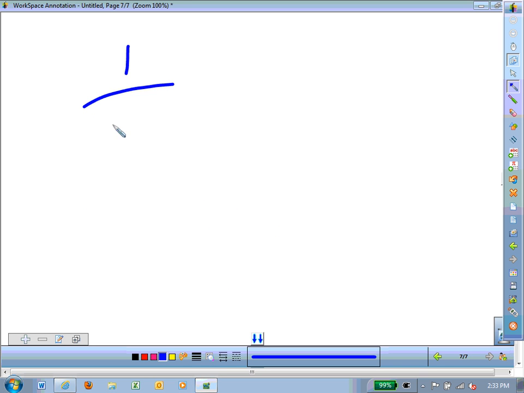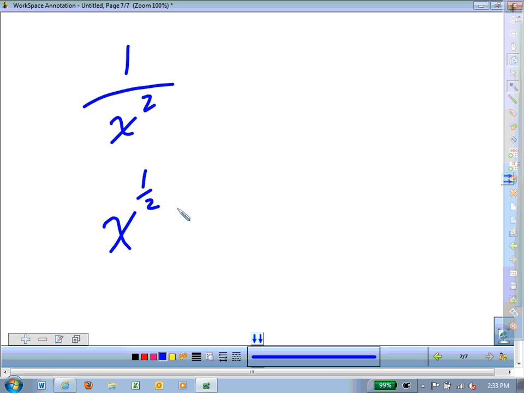So if you see 1 over x squared, and you see x to the 1/2, there's a danger of mixing the two up. There's a 1 over something in there with a 2, right? So step back and think about that.